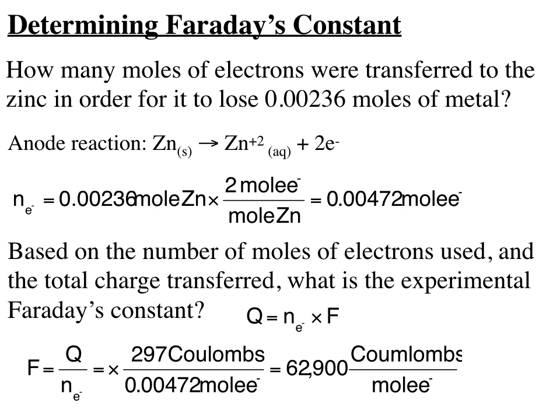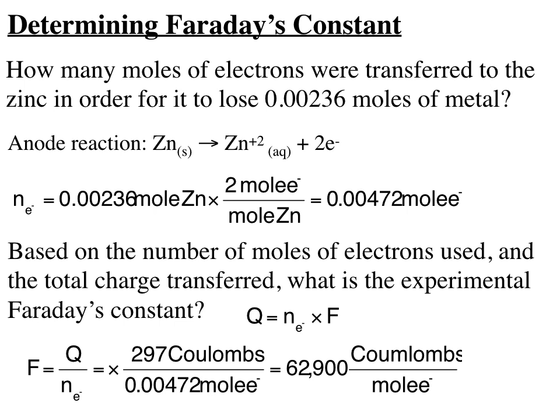So based on the number of moles of electrons used and the total charge transferred, I can find the charge per mole. According to the earlier calculation, 297 coulombs of charge flowed through the circuit as it ran for 2 hours with 41.25 milliamps.